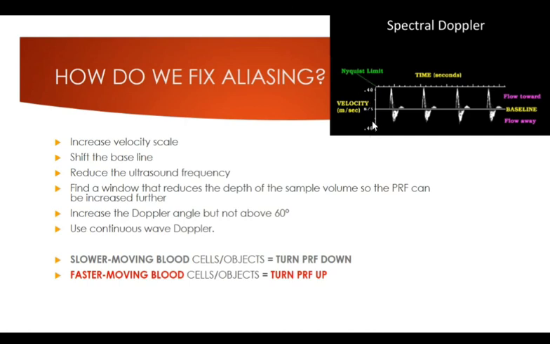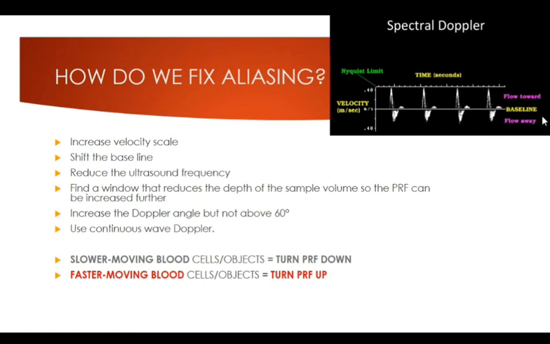So if you're getting wraparound because you've exceeded that limit, then all you have to do is increase your velocity scale. Pretty simple. But keep in mind that there is a maximum of what your machine's going to be able to give you. Spectral Doppler has a limit on what velocities it can record.